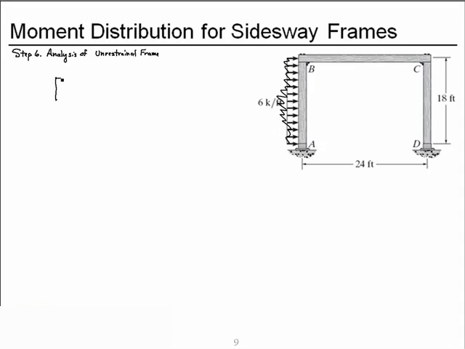Instead, we're talking about a frame with 47.8 kips applied laterally, which will cause a deflected shape like such, so that the ends of the columns will be displaced delta relative to the other ends.